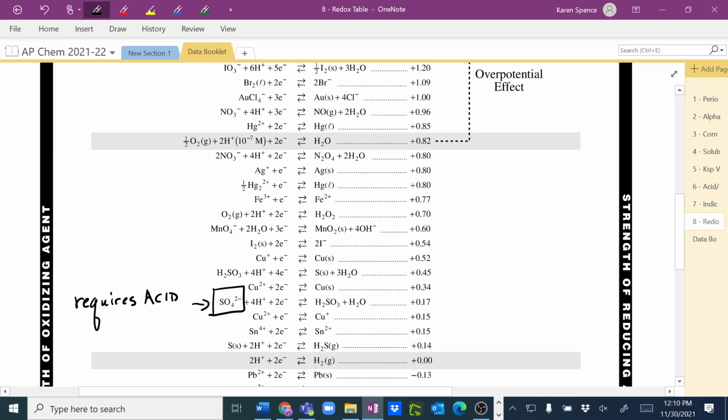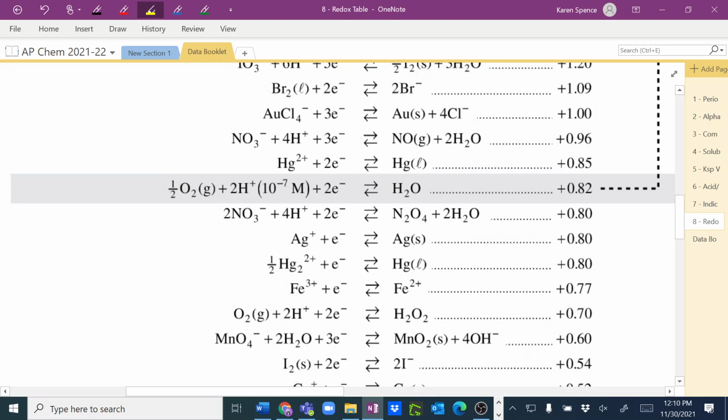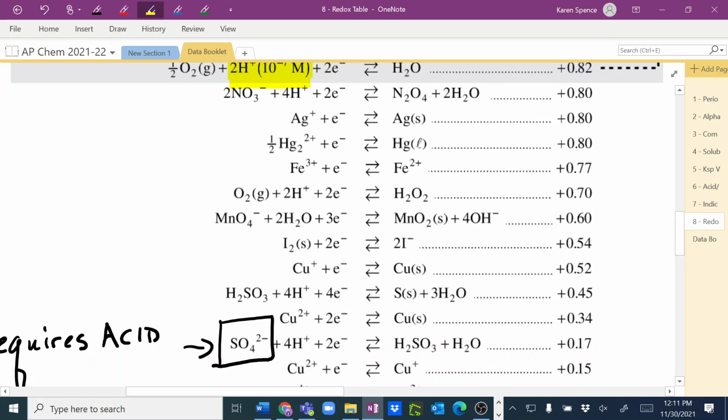You will actually see some of these reactions that say, for example, this one says H+ 10⁻⁷ molar. Now, we haven't talked about this yet because we haven't done acids and bases, but 10 to the negative 7 molar is the hydrogen ion concentration in neutral water. Okay, so if it says that, that can happen in neutral water, but anytime you see a hydrogen like this, that means you need to have some acid present in order for that reaction to occur.